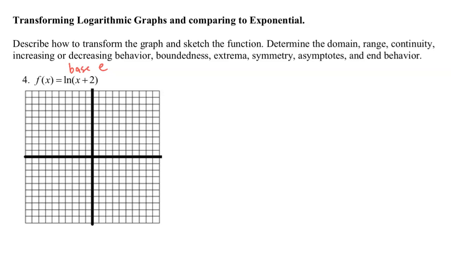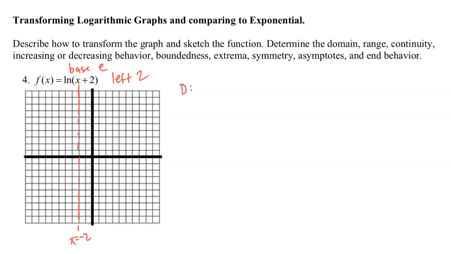Now, the other thing is that this graph is getting moved to the left too. Typically my logarithm graphs have a vertical asymptote at x equals 0. But when I move them to the left too, that vertical asymptote gets moved as well. So now my vertical asymptote is at x equals negative 2. Okay, so let's just graph this real quick. Just know the general idea of the graph, which is that this is going to be increasing.